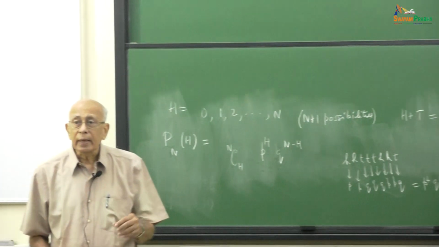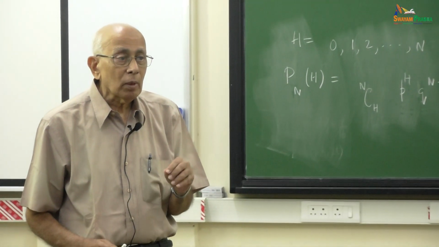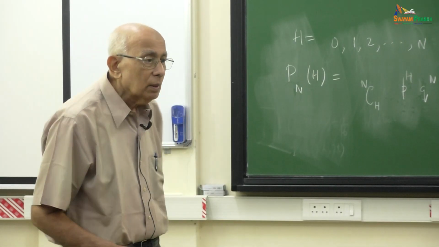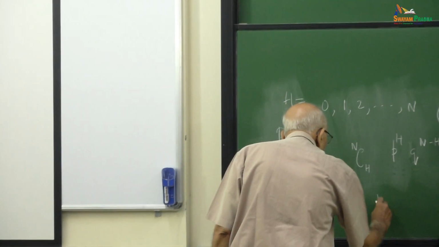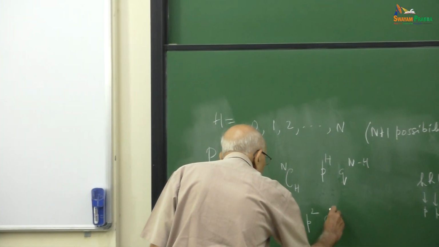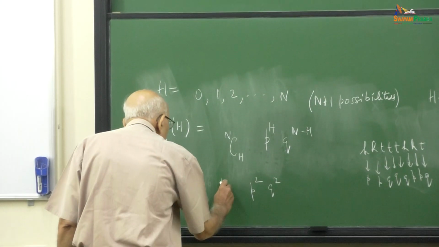Suppose you apply it to the case when you had 4 coins and we wanted to know the probability that you have 2 heads. What would you do? You want 2 heads, so you have p squared. You want 2 tails, so you have q squared out of 4 coins. And then you have 4c.